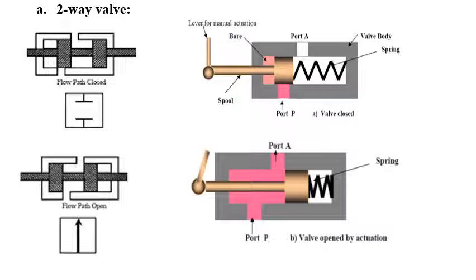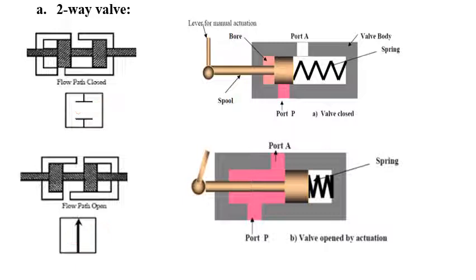What does it mean? In position 1, port P and port A are not connected. When we go to the second position, ports P and A are connected. This is the first position and this is the second position. Here the ports are not connected, here the ports are connected.